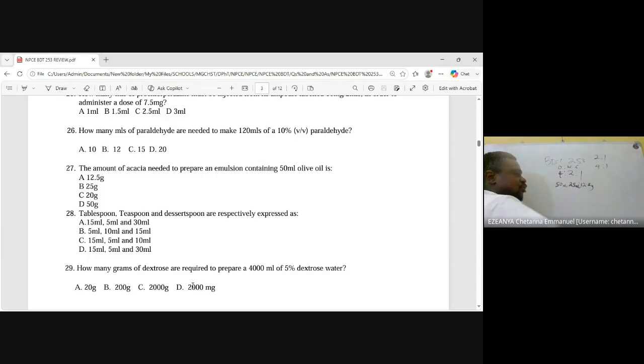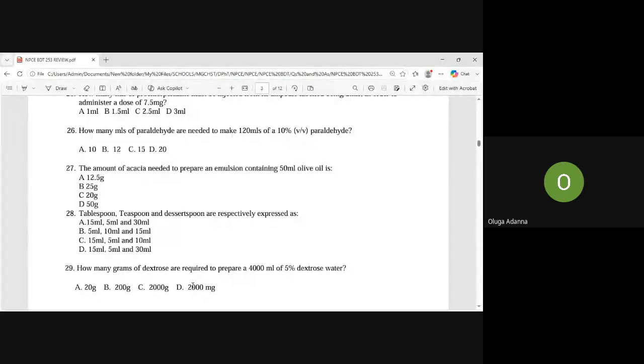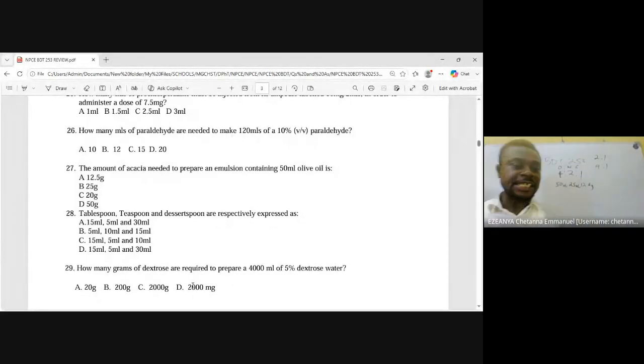If you take it the other way around, gum is 1/4 of oil at any point in time. So, 1/4 of the oil is simply what? 50 divided by 4, which is 12.5. Then you put the unit of the gum, which is gram. Is that clear? Yes, sir. So it's so simple. The answer is actually A.